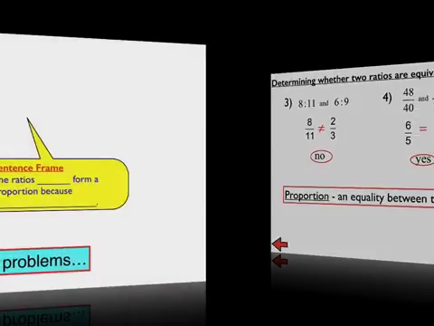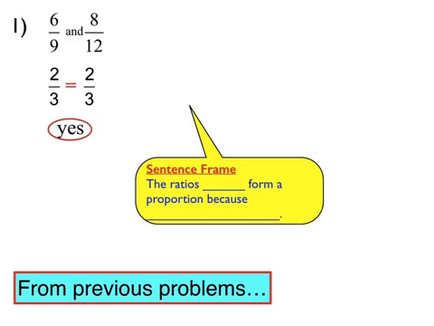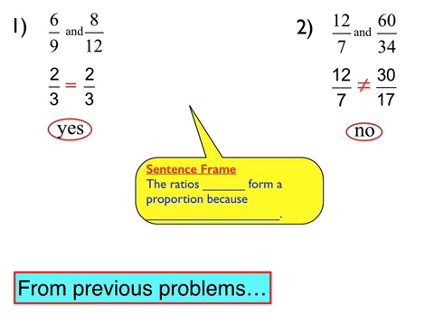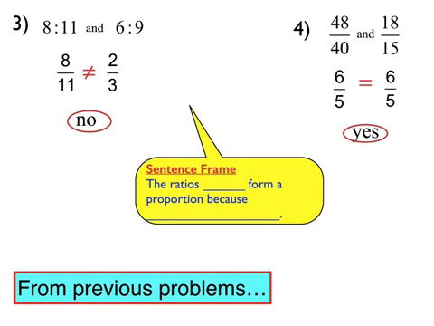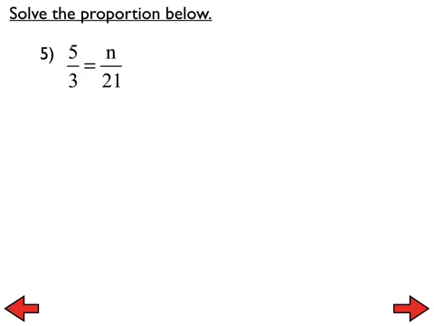So now look back at number 1. We said they were equivalent, so now tell me this. Is it a proportion? Yes or no? Yes, because they're equal. Is number 2 a proportion? No. Is number 3 a proportion? No. How about number 4? Yeah. Good.